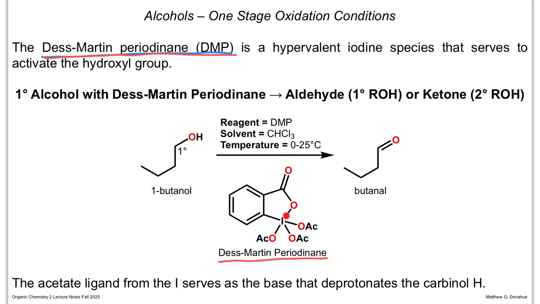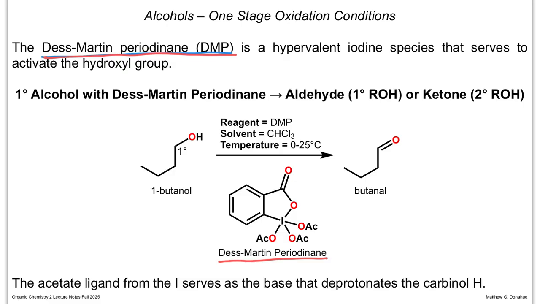All this thing really is doing is replacing the H of the alcohol to make a leaving group. And so an elimination will happen from that carbon to the oxygen, and then we install the carbonyl. So in the reaction I've shown, a primary is going up to an aldehyde.